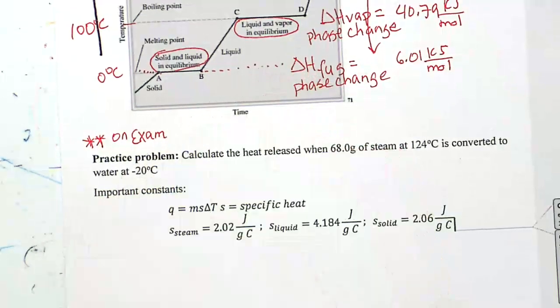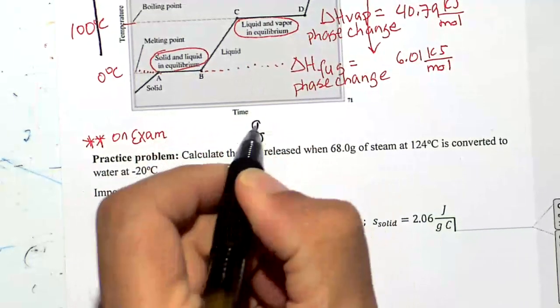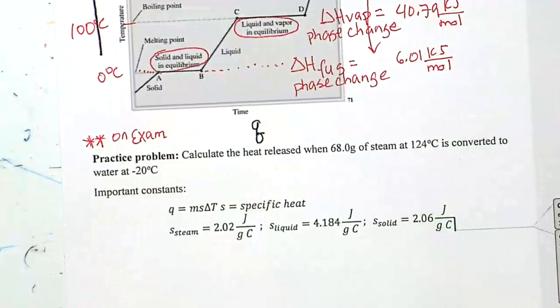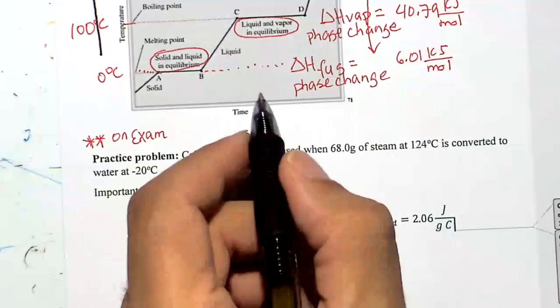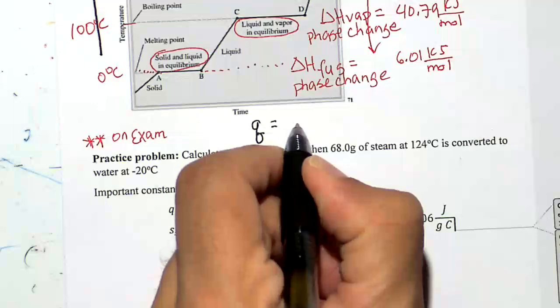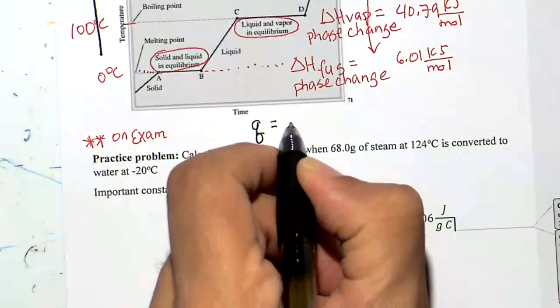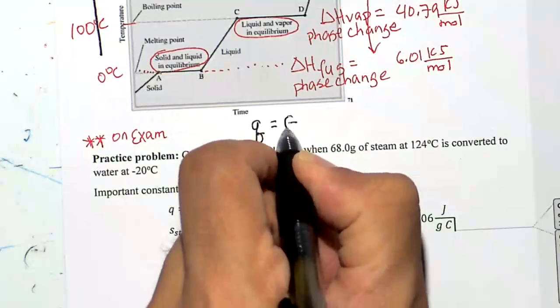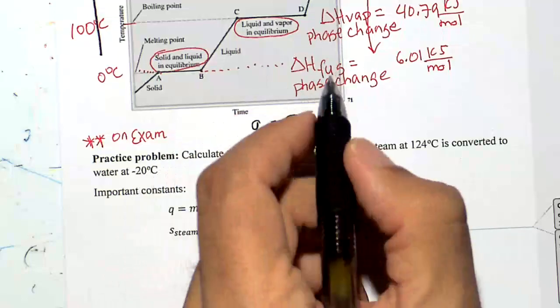So one thing you should know from Chem 1, that heat is lowercase q. And if you release heat, where does that heat go? It goes to the surroundings, also the universe. And the system, if the surroundings get the heat, the system has a negative sign.